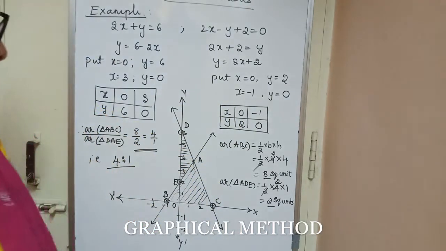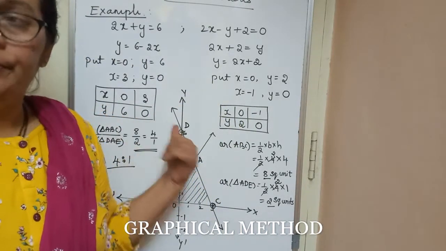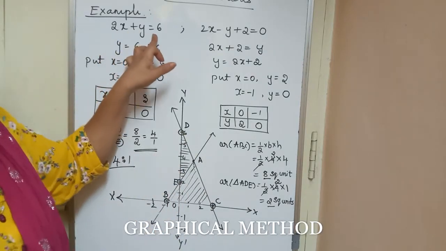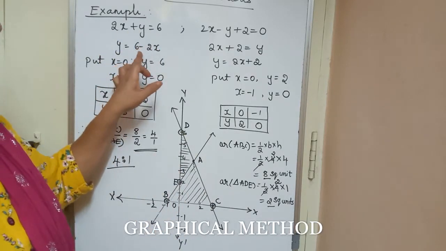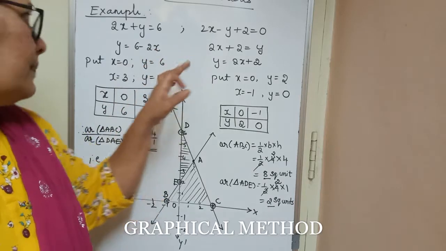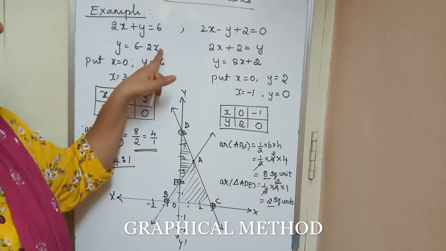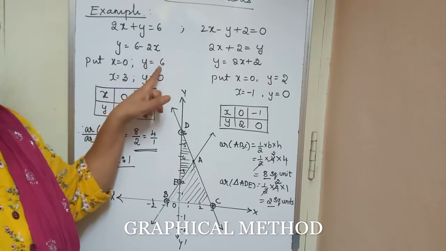So, before plotting the graph, we need to find the coordinates. Now, 2x plus y equals 6, so y equals 6 minus 2x. Take x as 0, then 2 into 0 is 0, so y equals 6.